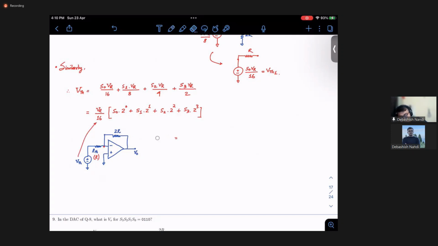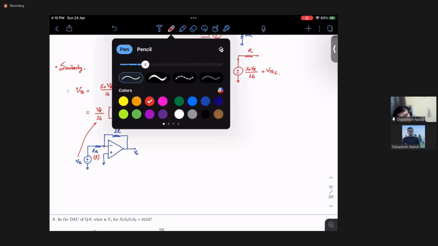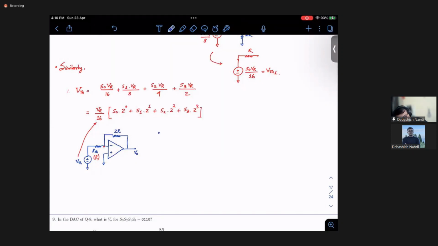From the op-amp circuit, we note V naught is nothing but minus 2R by RTH into VTH. That is nothing but minus 2 into VTH.